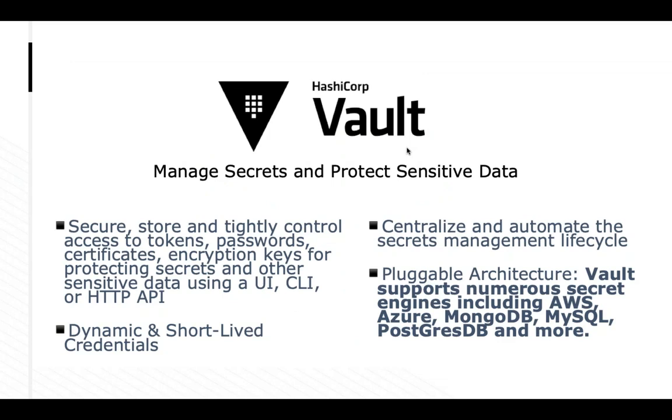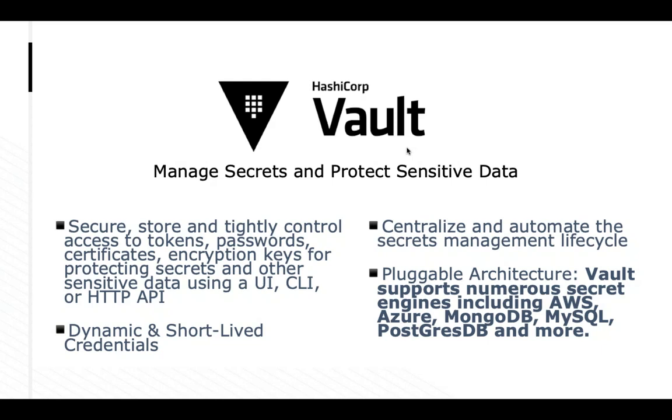So things in the technology world are certificates or passwords or encryption keys or tokens or database credentials, or in this case, AWS credentials. Ideally, we want to keep secrets pretty short-lived, and we want to rotate them as often as we can. Those are some security best practices, and Vault absolutely helps us do that.